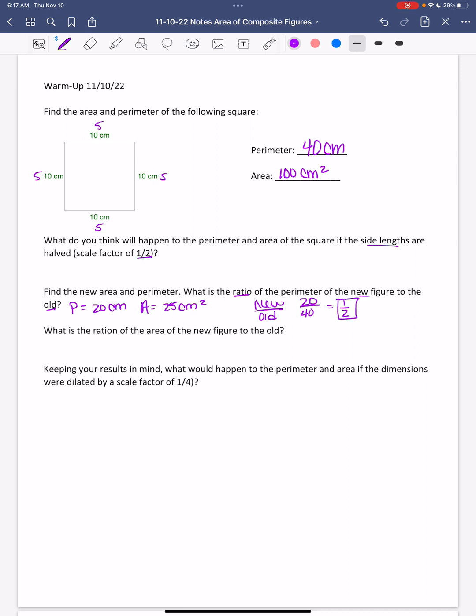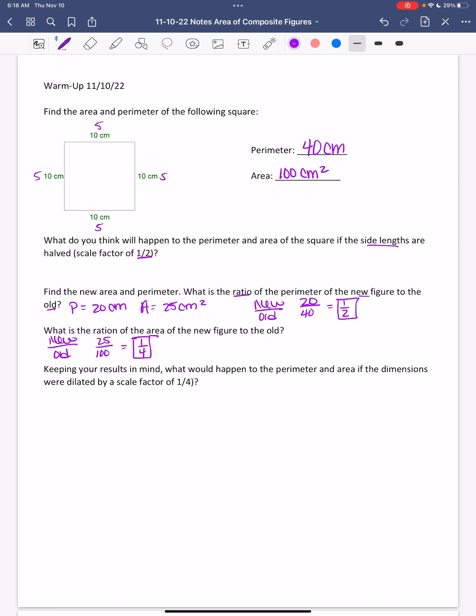Then it's going to ask for the area, new to old. So we're going to do new, and then we're going to do old. And area, the new is going to be 25, and the old is going to be 100. So it's 1/4. Okay, so what that is saying is the perimeter was cut in half and the area was cut by 1/4. That's basically what that's saying as far as the ratio.